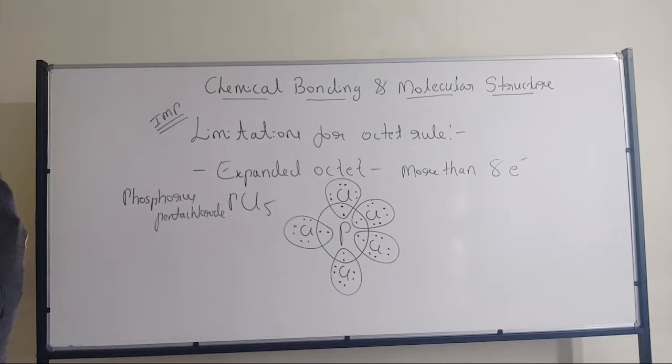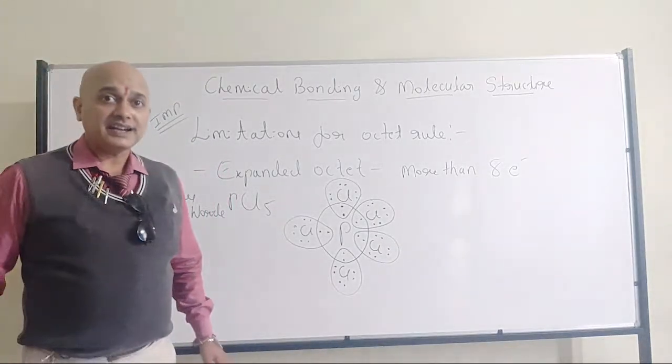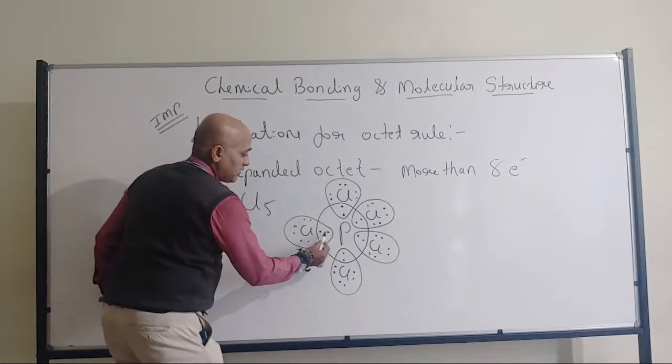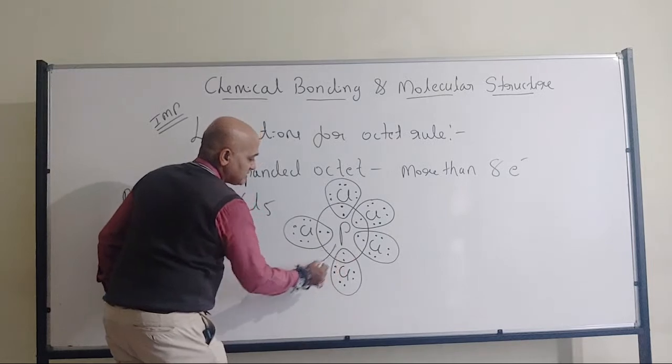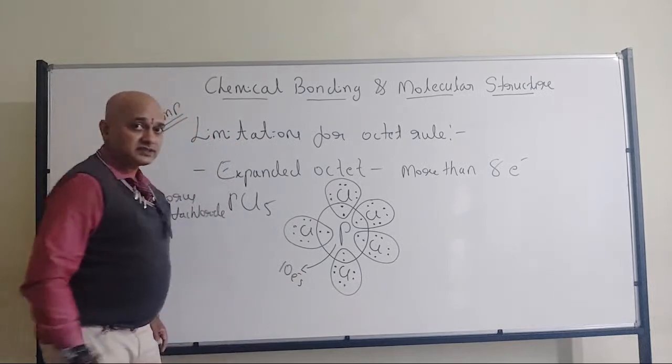In PCl5, what is the total number of valence electrons with respect to phosphorus? Chidwan is telling 10. Suchita is telling 8. Which one should I go with, 10 or 8? Yes, Suchita, now you have made yourself correct. Absolutely right, it should be 10. So 1, 2, 3, 4, 5, 6, 7, 8, 9, 10. Phosphorus is going with 10 electrons.